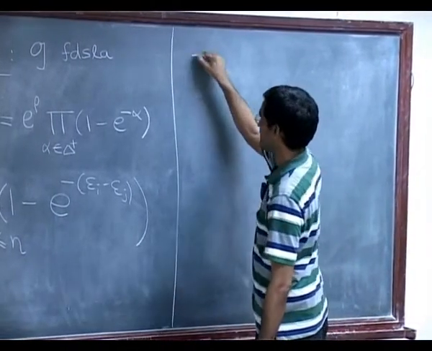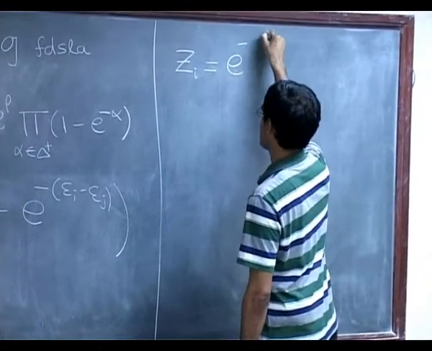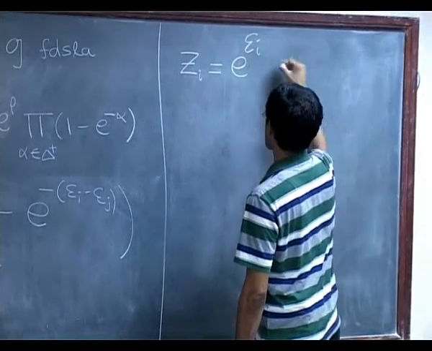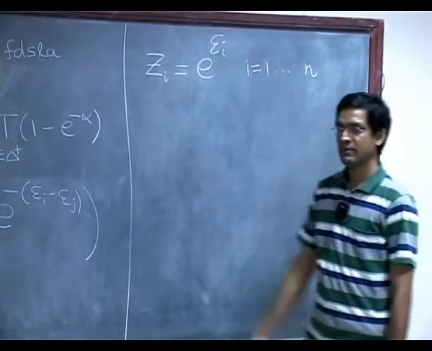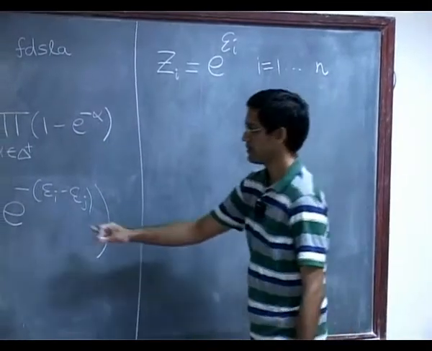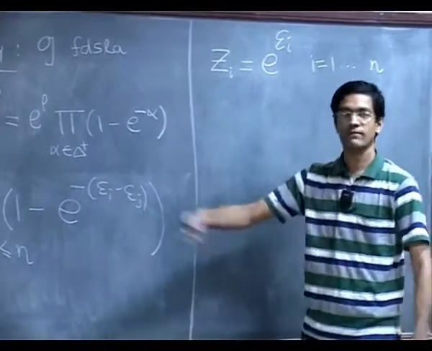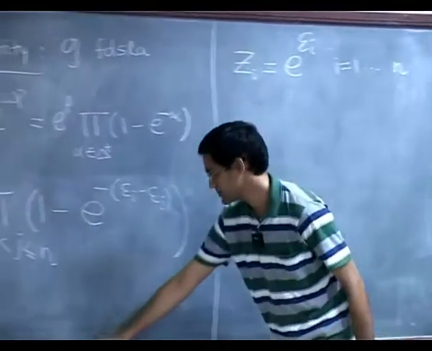The independent variables are these. So I'm just renaming my variables to make it easier: wherever I see e to the epsilon_i I will call it z_i. So I have manufactured n variables, and let's write this in terms of the z's.